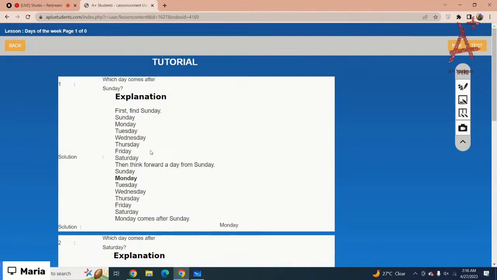Got it? Just keep the names of the days in your mind, and then you can find which is before and which is after. Just look at Sunday in the list and see the next one right after it. So right after Sunday it is Monday. Got it?